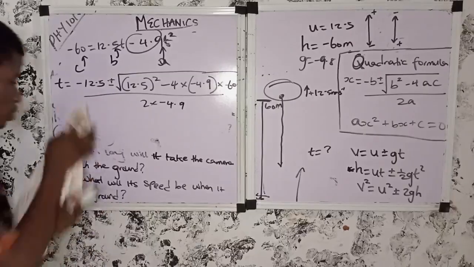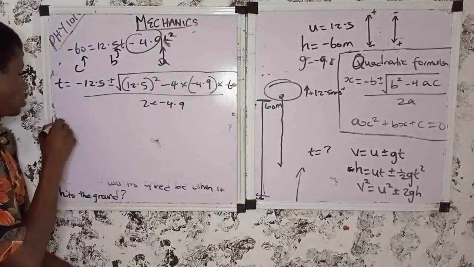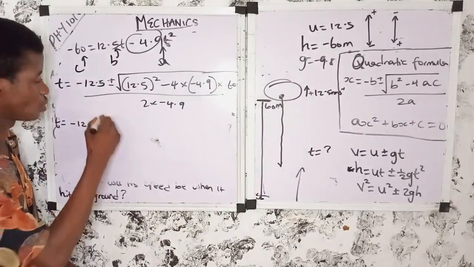Okay, so let's continue. Now t is equal to minus 12.5 plus or minus the root.